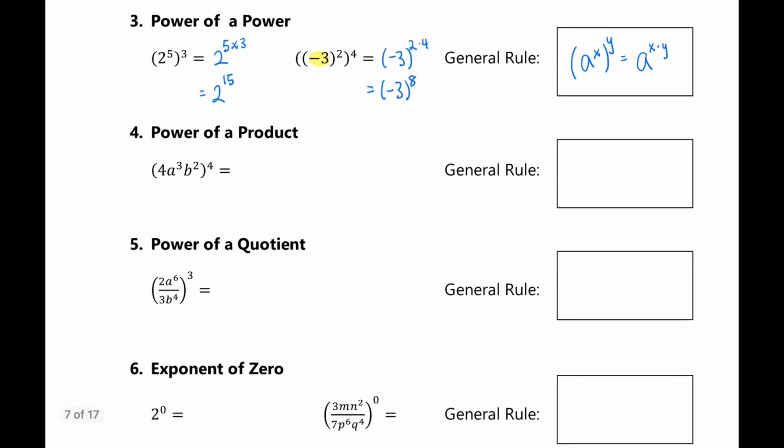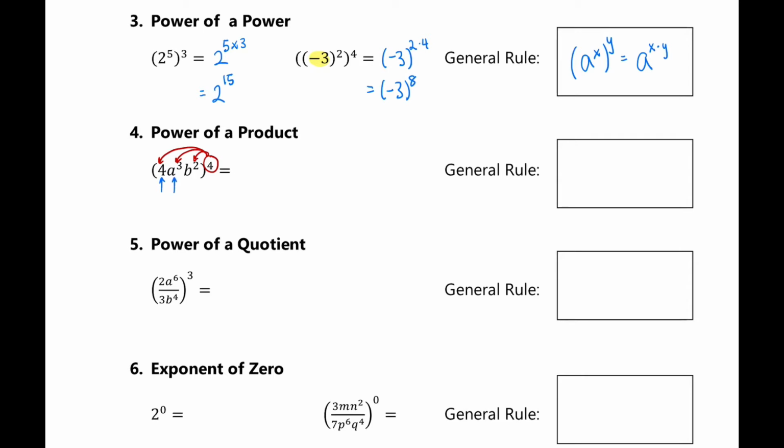Number 4, power of a product. So this time we have a product as a base. In that case, we have to keep this exponent and distribute it to every single variable and coefficient. If we rewrite it, there's 1, the coefficient here.